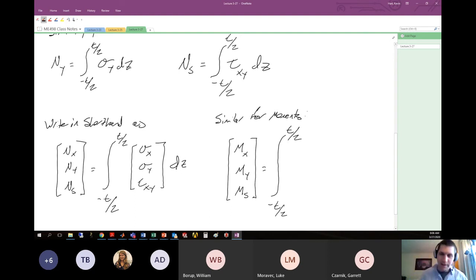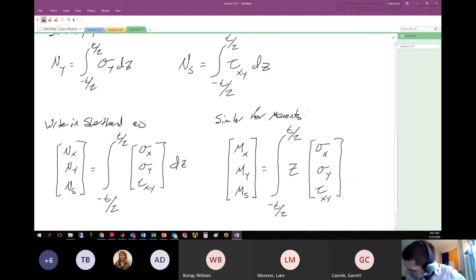And here we've got an extra z floating around just because of a moment arm that we need to properly relate the stresses and the moments. So here we have a variable which is the location in the thickness of the laminate, z, multiplied by the appropriate stresses, sigma x, sigma y, and tau xy, integrated dz.